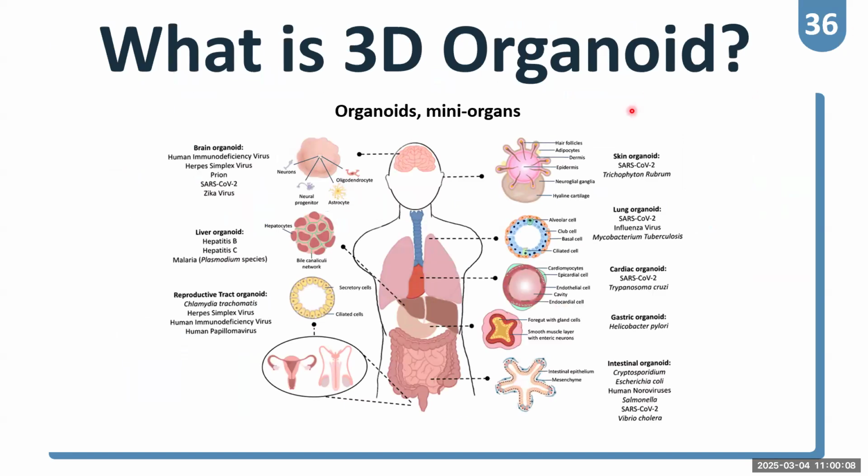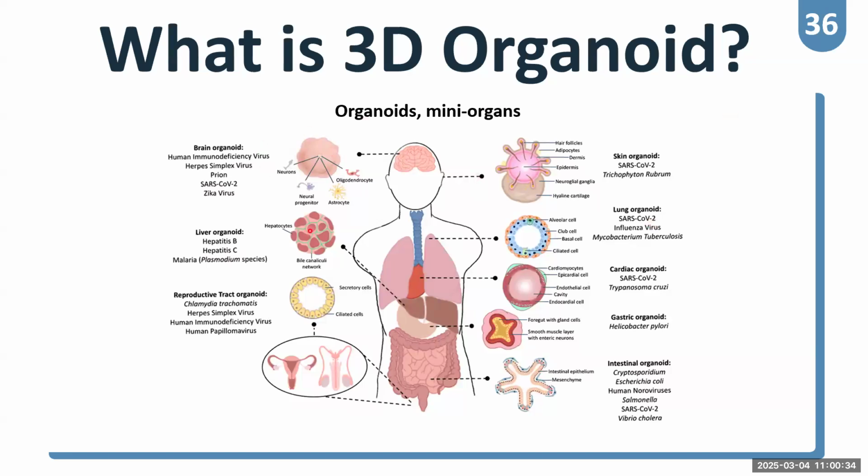And just to show to you, now we have a lot of publications about the 3D organoid. And you see that organoid comes from mimics or mini organ. From now on, they have several reports about tissue that can be derived to organoid and tested in the laboratory.